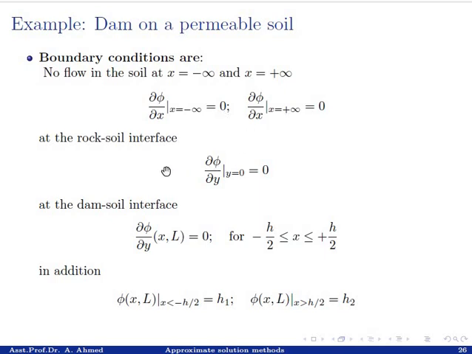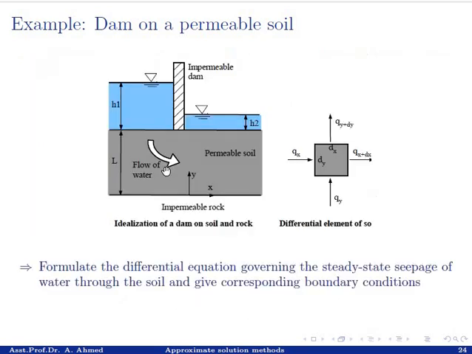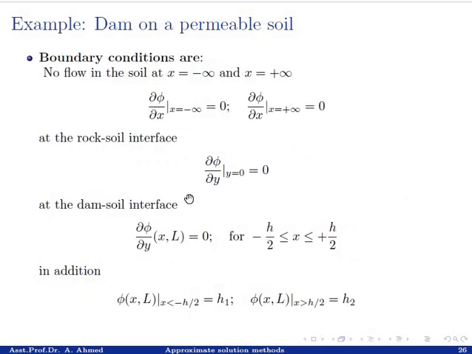For the other boundary condition, at this particular level the permeable soil is resting over an impermeable rock, so at y equal to 0, the flow in the vertical direction must also be equal to 0, or the change of potential with respect to y at y equal to 0 must be equal to 0. So this is another boundary condition.